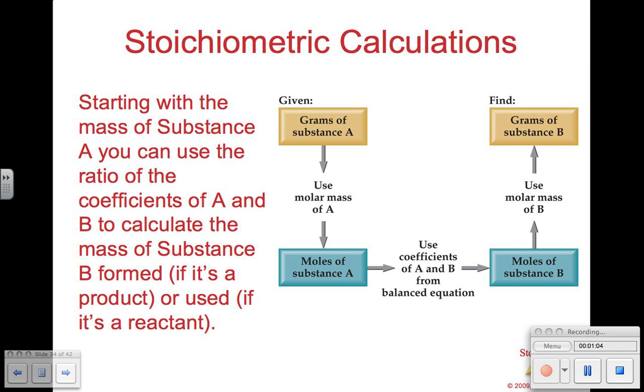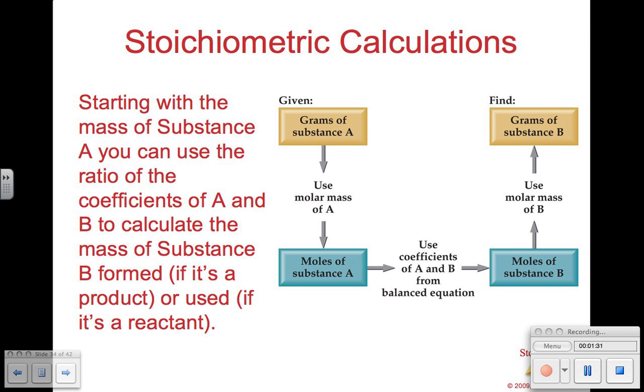But all of those measurables are given, and then you need to convert whatever those measured values are into moles. So you may use molar mass if you have grams of a substance. If you have a solution, then you're probably going to use molarity. And if you have a gas at STP, you're going to use 22.4 to evaluate that.